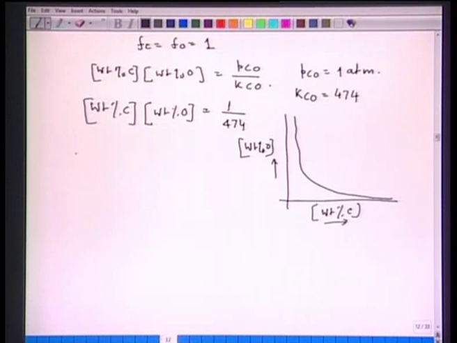Now, for example, if I calculate, take weight percent carbon and here weight percent oxygen, and I calculate for different PCO values. I take PCO 1 atmosphere, 1.2 atmosphere and 1.5 atmosphere.